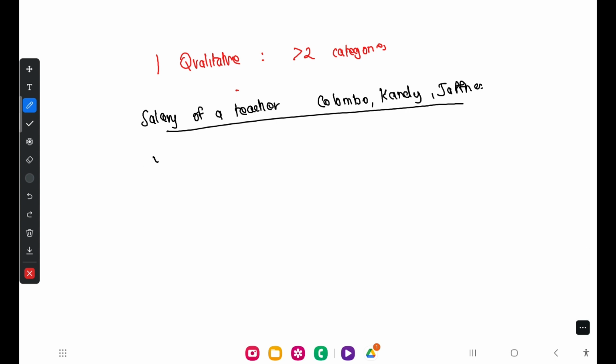So this is my regression line: 50,000 plus 1,500 D1 minus 1,000 D2. And over here I'm going to consider Colombo as my base category.